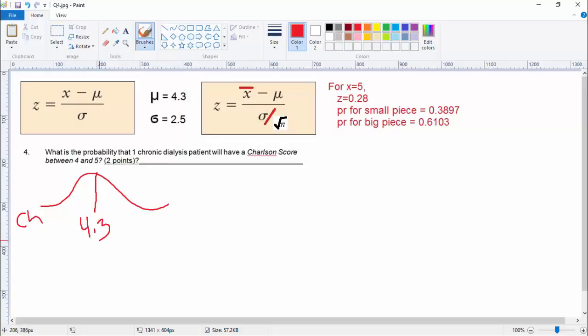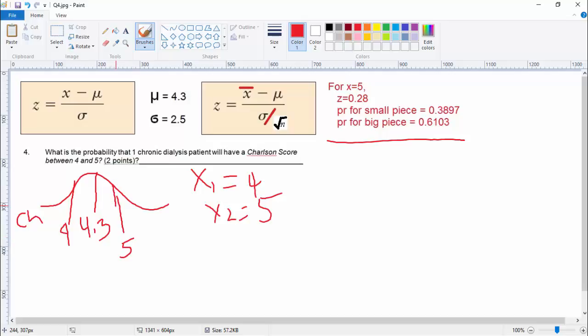4.3 for the mu. And like we talked about before, we have an x1 and an x2. So x1 is 4 and x2 equals 5. And that's why it's really nice that we kept this around, because we already have information about x2. So here's 4, here's x1, and here's 5, which is x2. And we're not going to have to do much with 5 because we already have the answers. Okay, so we're looking for the probability of what?